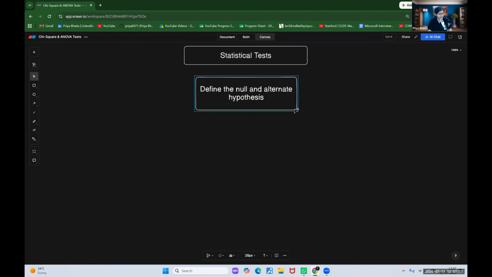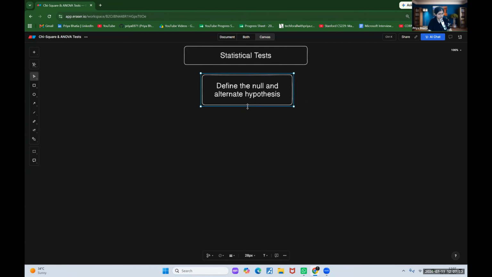We need to define what is null and what is alternate hypothesis. Once we define them, the next step is to understand what exact problem we are solving. Depending upon that category and what the type of distribution of data looks like, we need to define the type of test we have to take.